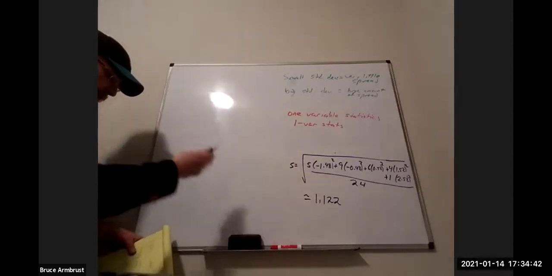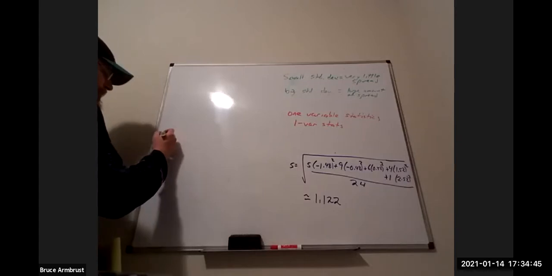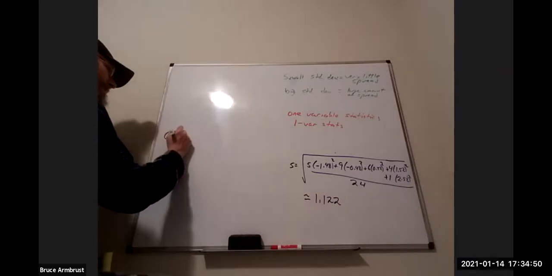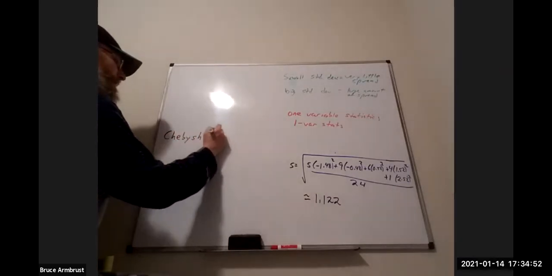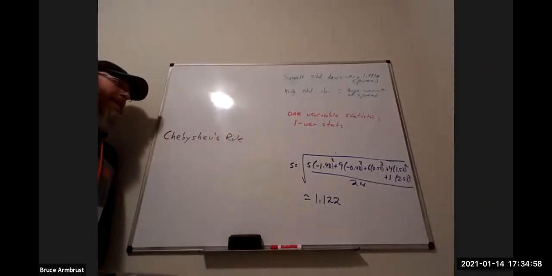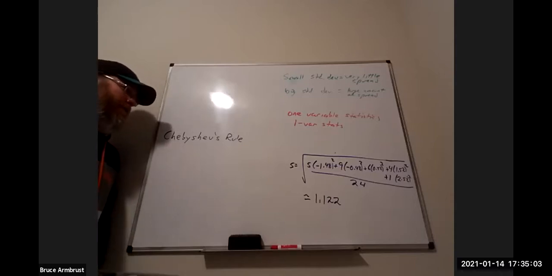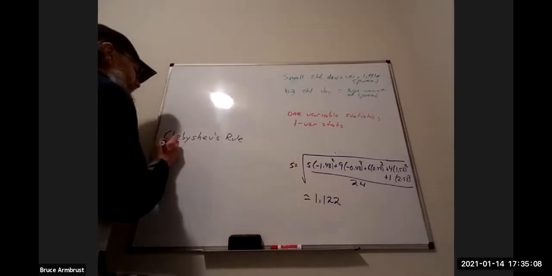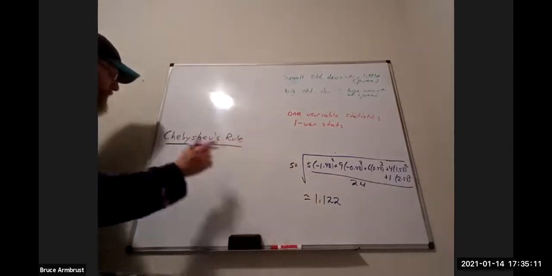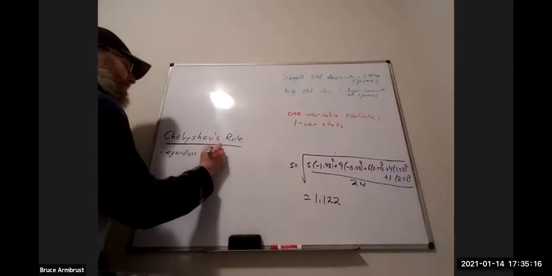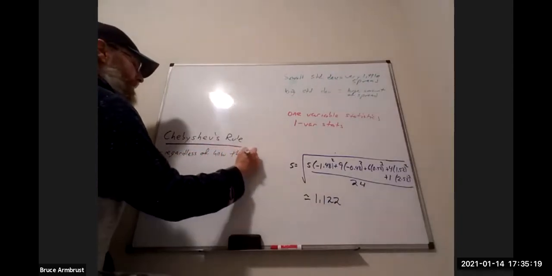Okay, so this first one is called Chebyshev's rule. Yeah, it's a fun word to say, this guy's name. Chebyshev. So this is Chebyshev's rule. Now, what this says, and this is absolute truth, regardless of how the data is distributed.